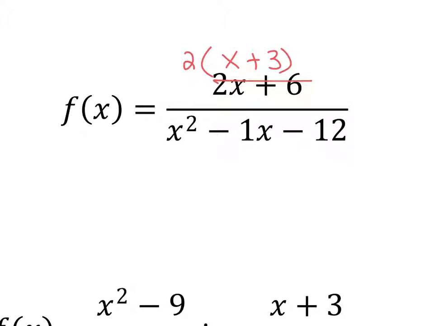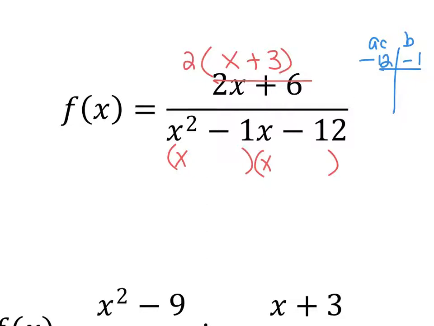My denominator, I'm going to factor a trinomial, and a is 1. So when a is 1, I'm looking for numbers that multiply to negative 12, but when I add them together, they give me negative 1. So remember, a times c, but they have to add to b. So I need to multiply to negative 12, but they have to add or subtract together to give me negative 1.